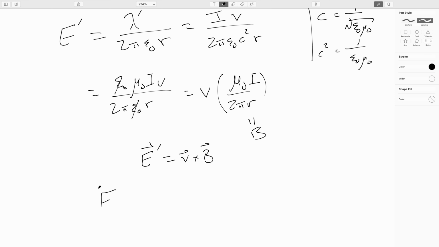So the total force that some charge would feel would be equal to Q times whatever the local electric field strength is, plus this extra electric field it sees due to the fact that length contraction has changed up the density of the electrons and the protons in the wire, which to us looks like a magnetic field.